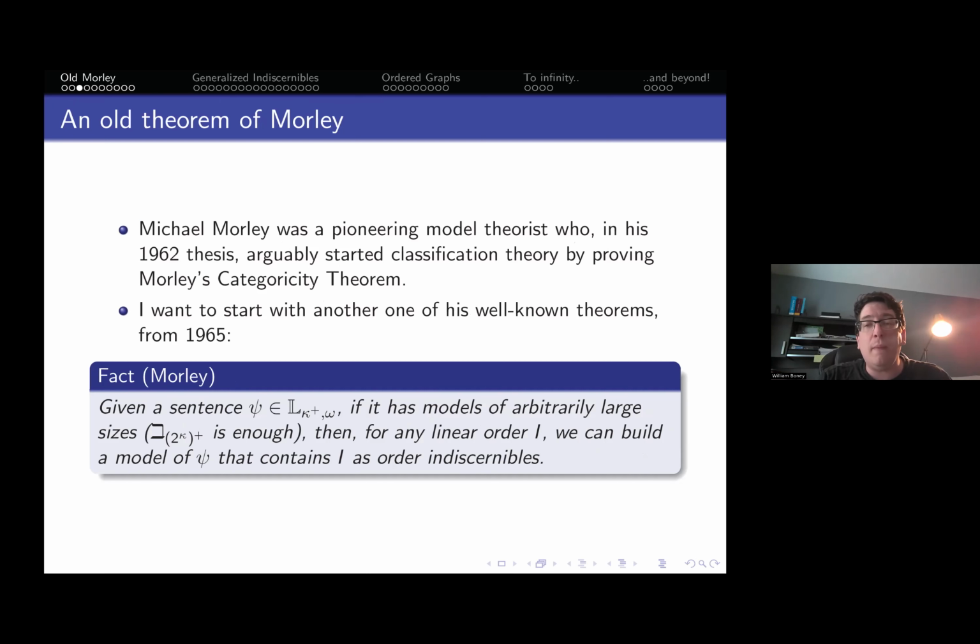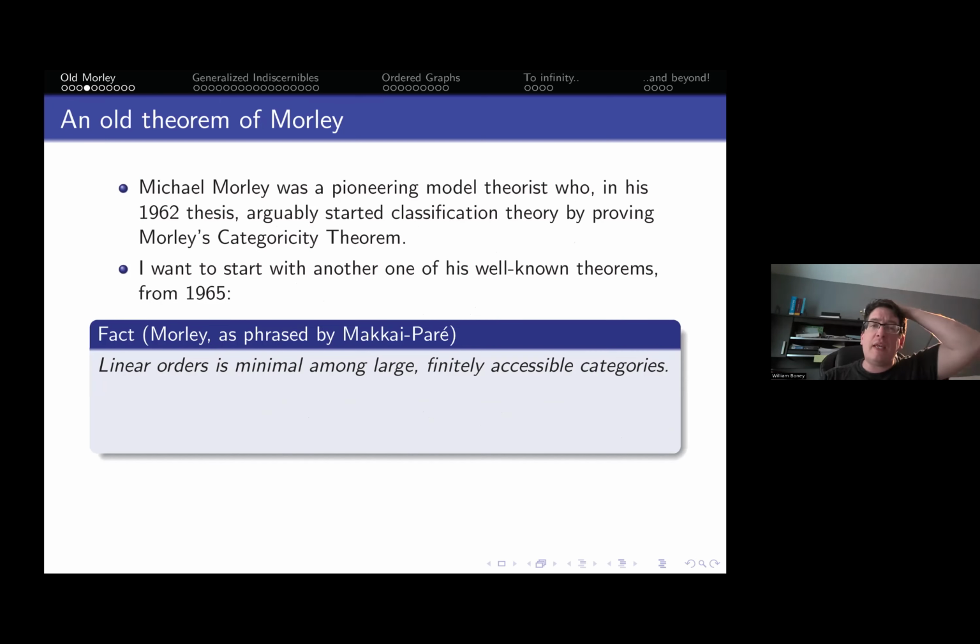But this phrasing at the very beginning comes from Makkai and Paré, who have this great book about accessible categories. When you do model theory, essentially, the class of models with embeddings forms an accessible category.